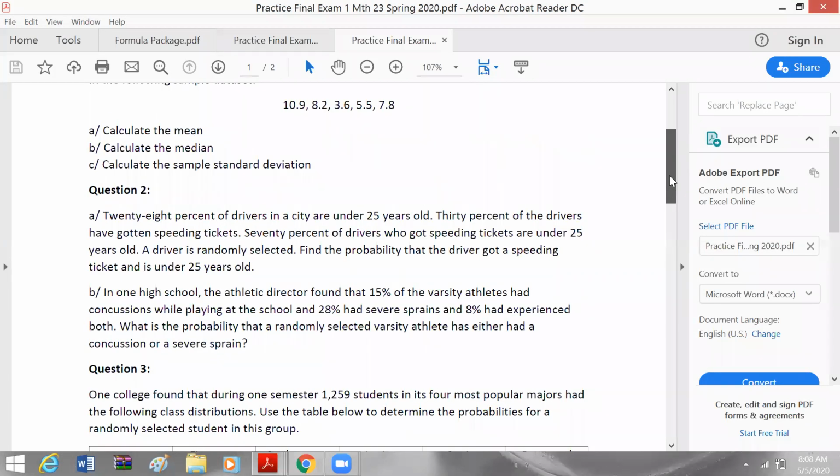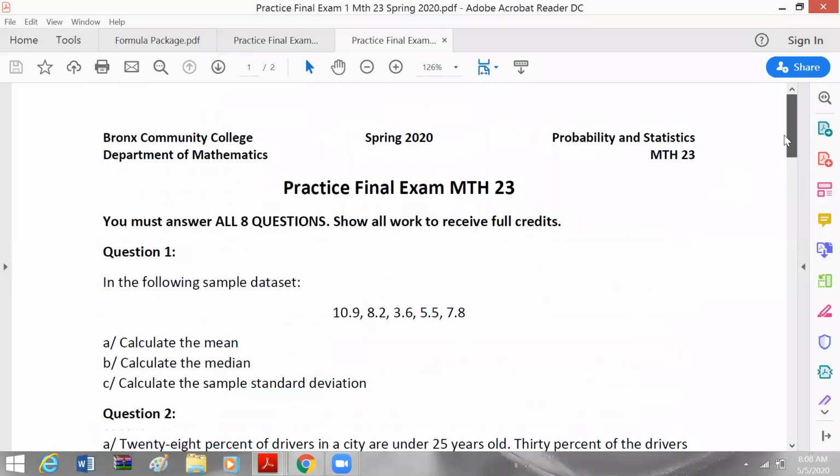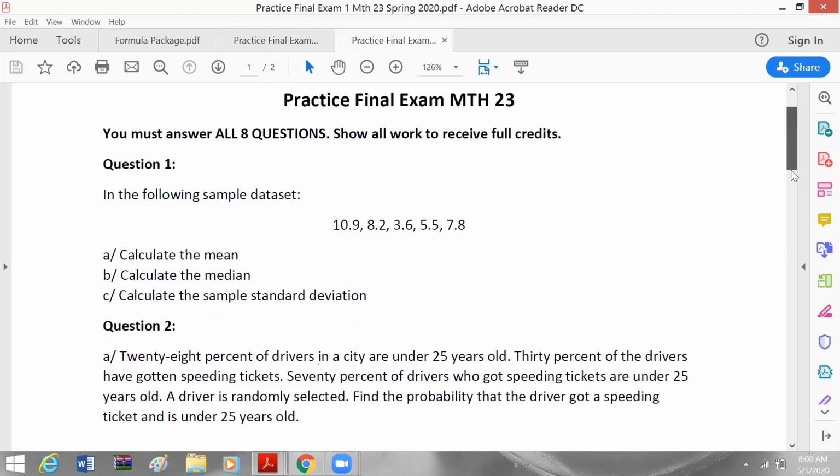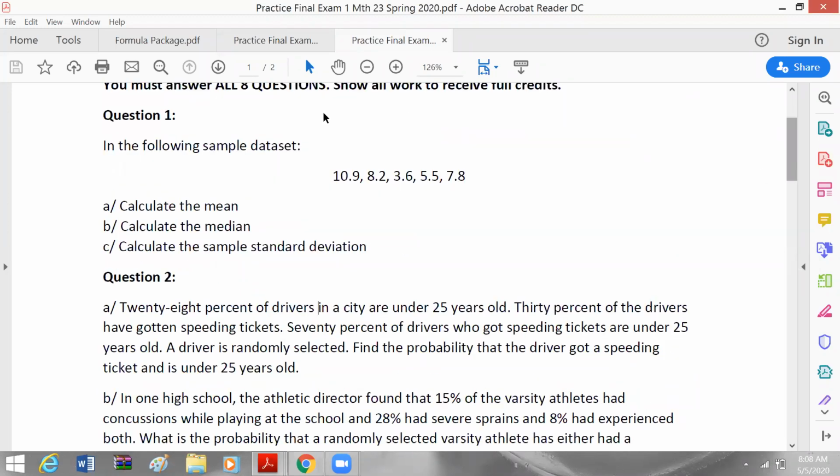Since on the final exam we can't go forward and backward, I believe, we literally have to work out this problem from the very beginning. So we need to know how to compute the mean, the medians, and the standard deviation.